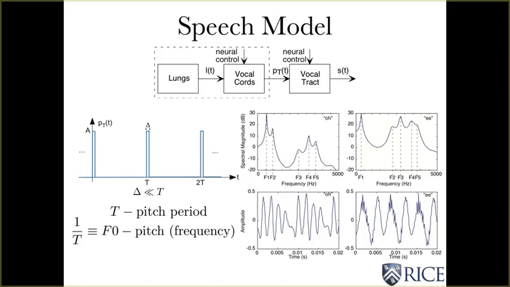So I have here two vowel sounds that I chose, the O and the E, and what I'm plotting here is the transfer function of the vocal tract. So an O sound has a series of peaks. These are the resonances I was referring to before. And so does the E sound. It has a series of peaks, but you can see they have a very different structure.